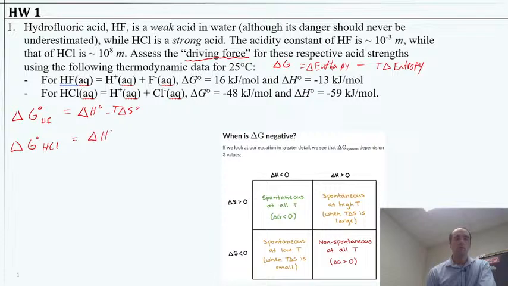Okay, so we know that this is what we can write for each of them. And so what I want to do is take a look at these numbers, keep it simple, and just assess what's going on for each of them.